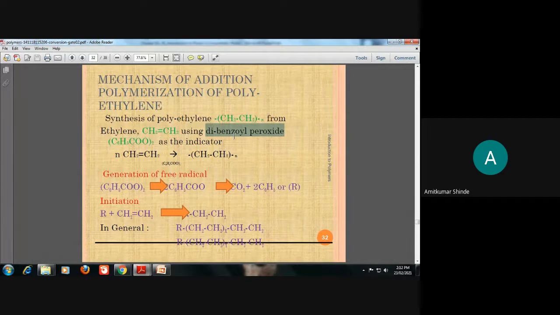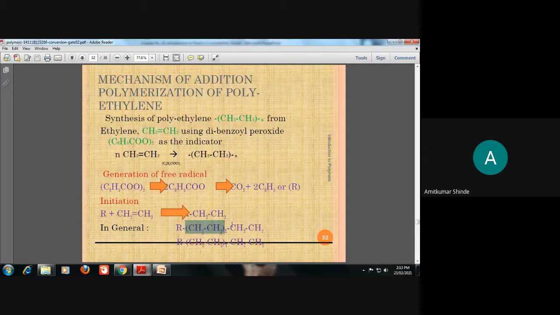It will provide the free radical, this R, and it will combine with the ethylene. This is the ethylene monomer, and the R free radical will get attached to the ethylene monomers.